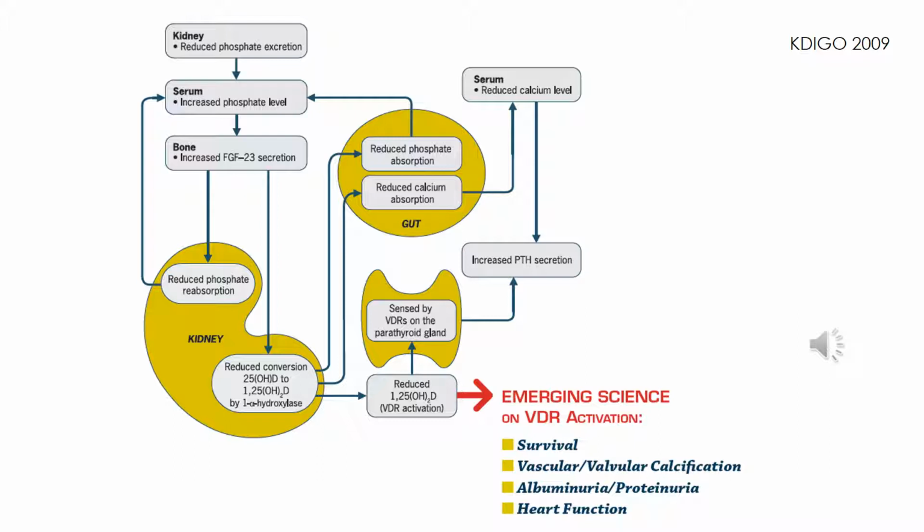So the ability of the kidneys to excrete phosphate is diminished, leading to hyperphosphatemia, so more phosphate in the blood. The kidneys also have inabilities to convert your 25 D3 to your 1,25 D3.